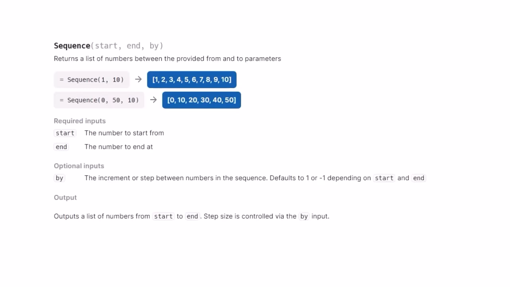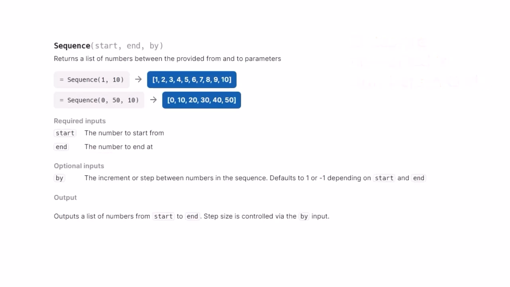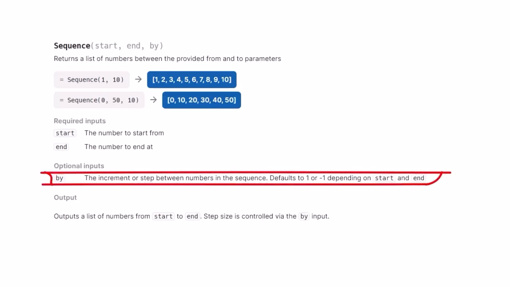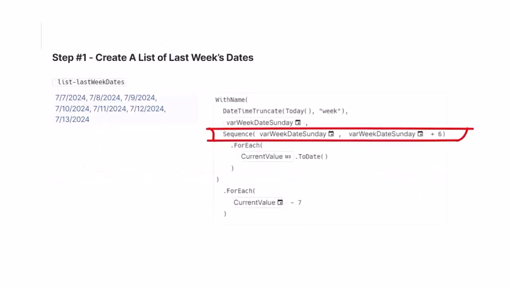Sequence takes as input the number to start from and the number to end at. You have to separate them by a comma, and this input here, by, is optional. In our case, we're taking Sunday's date and adding 6 days to it, which is a week.